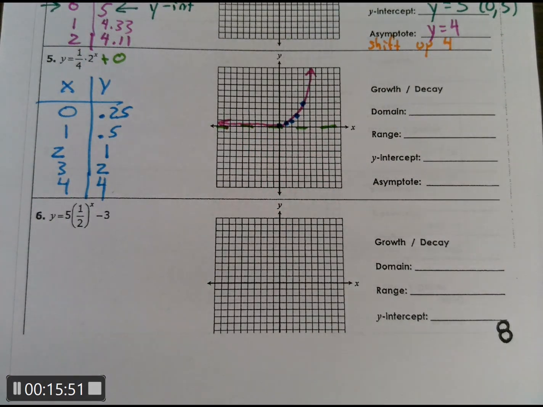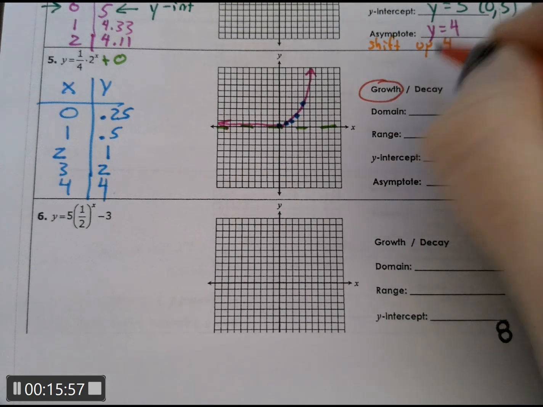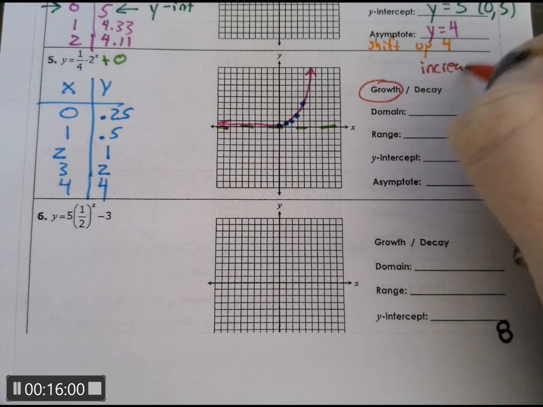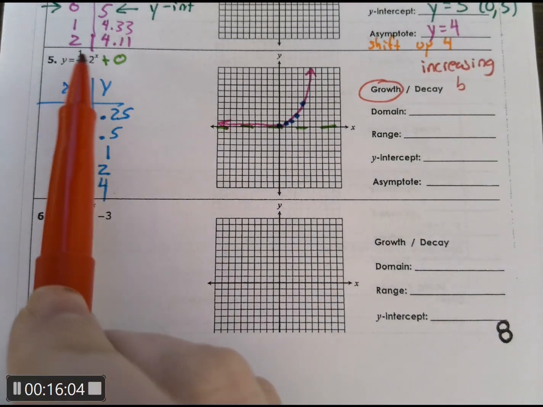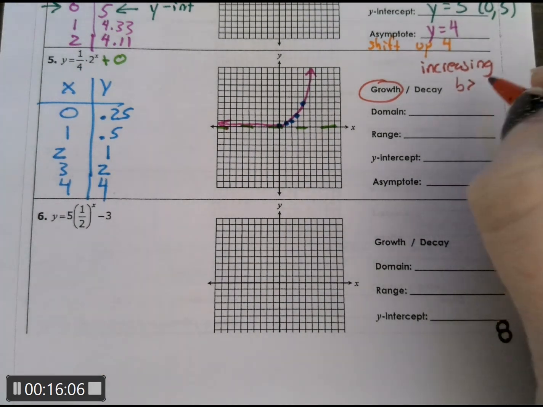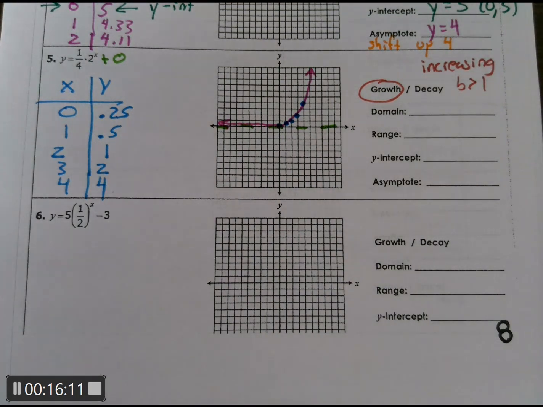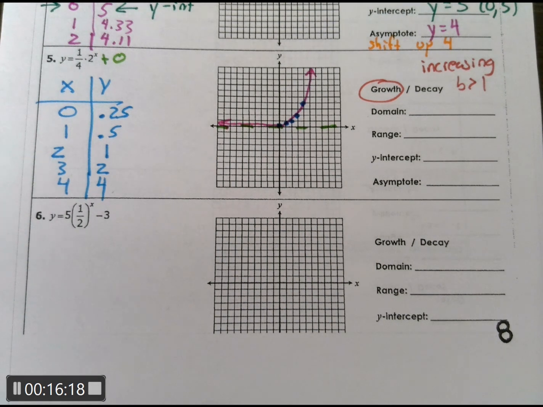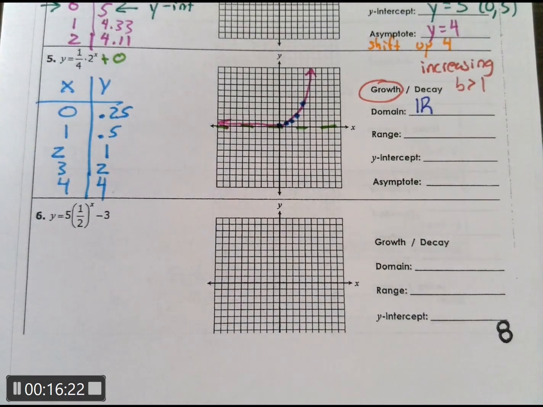Good. And so do we have growth or decay? We have a growth because we are increasing, and my b value is a what? B value is a whole number. It's 2 this time. Okay? Because remember, our general form is y equals a times b to the x minus h plus k. All right. So then what's my domain? All real numbers.